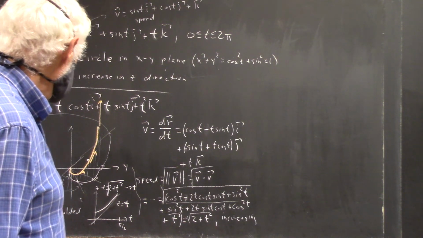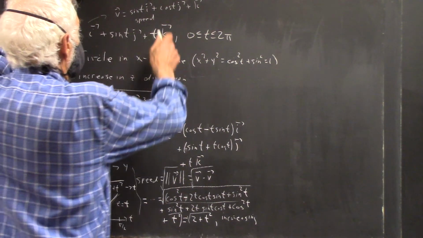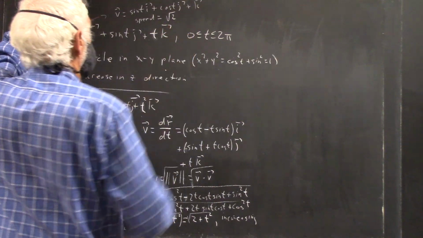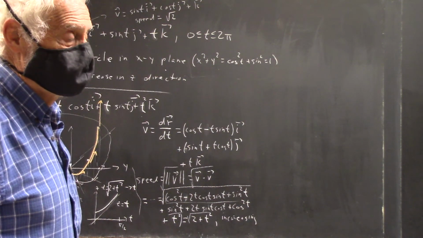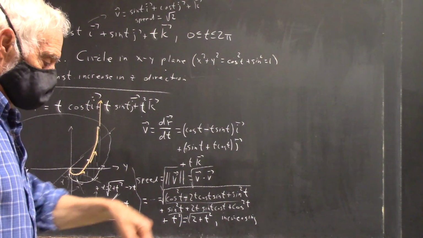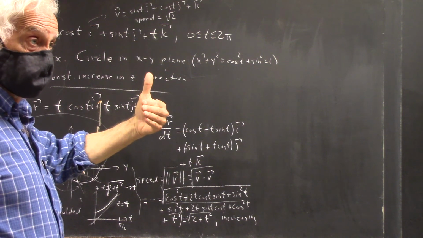All right, well, by contrast, the speed here is just the square root of 2. Okay? It stays above a circle, and it rises at a constant rate.